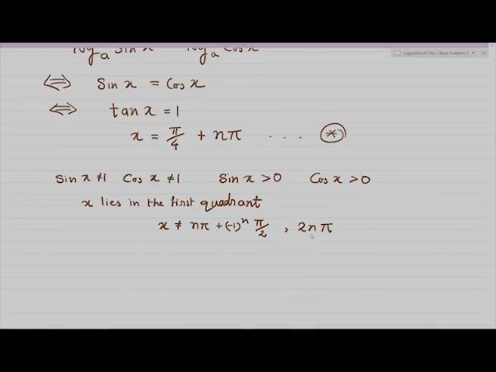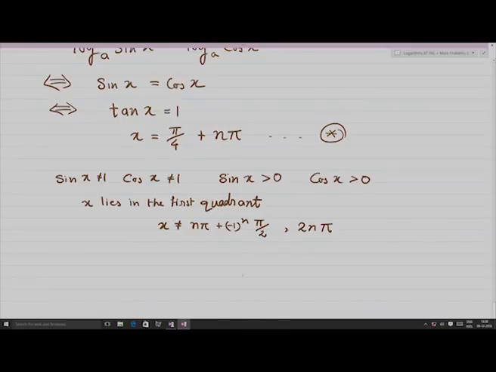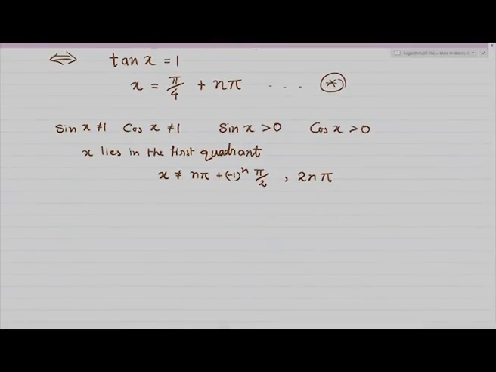Why? Because in this case our sin x will be 0. So, these are the values that are not possible.